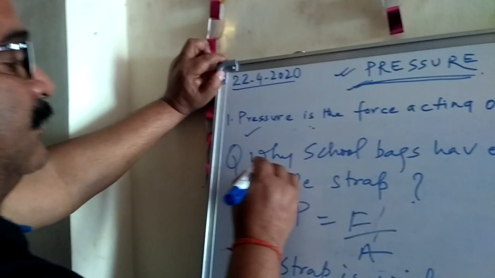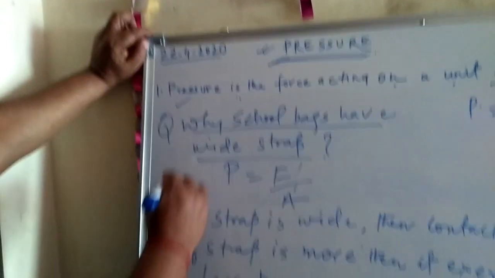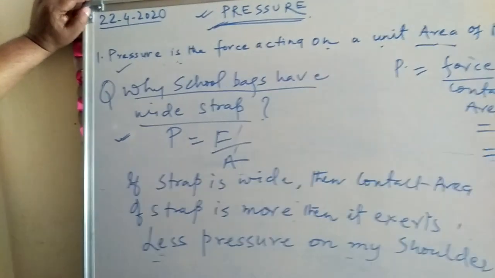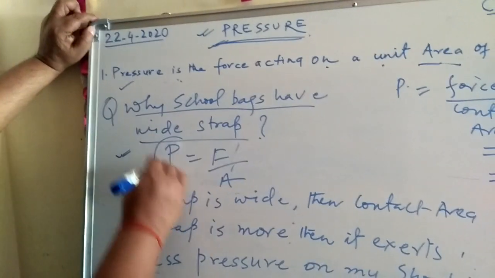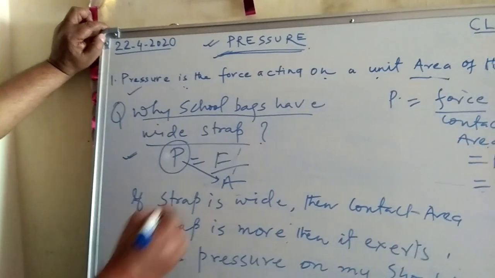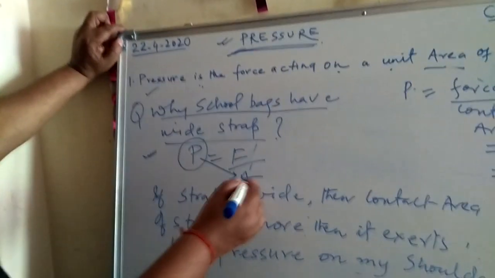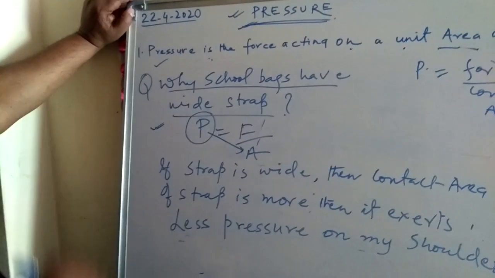Now we discuss why school bags have wide straps. For that we try to explain it. As we know, pressure is inversely proportional to contact area. It means if the area is more, the pressure will be less.